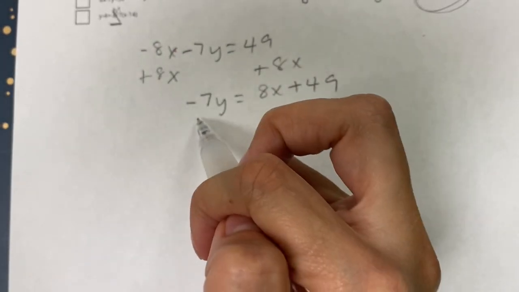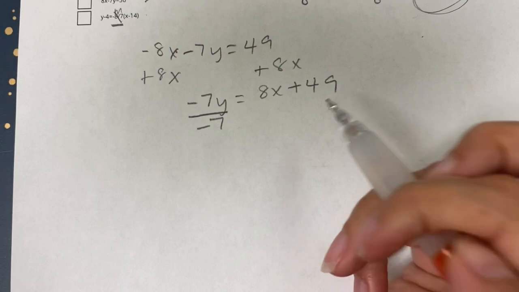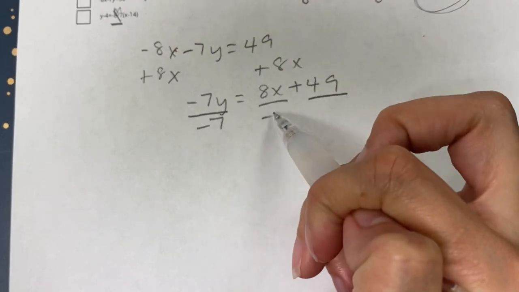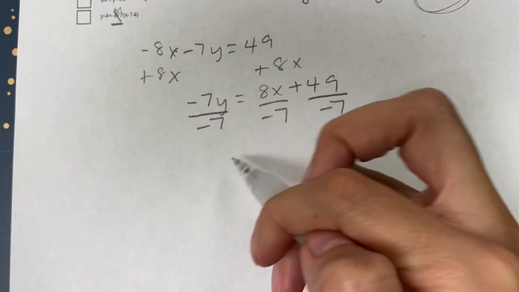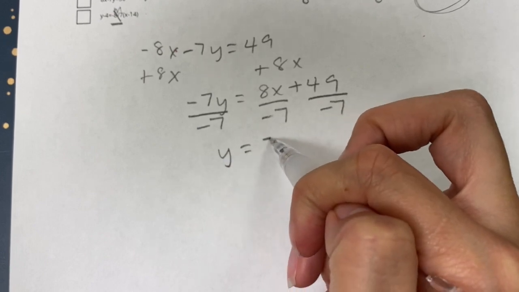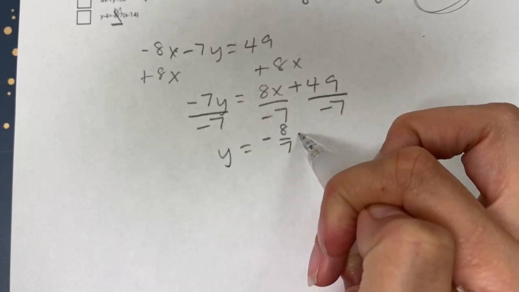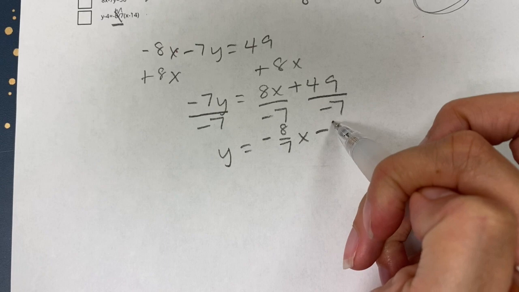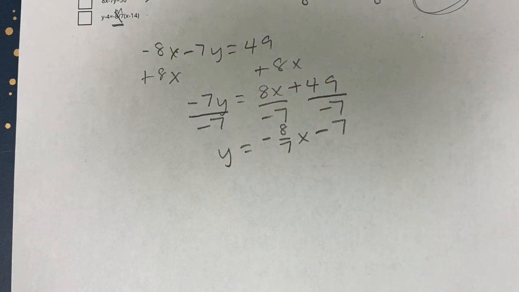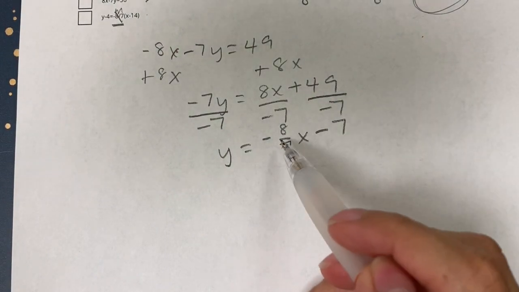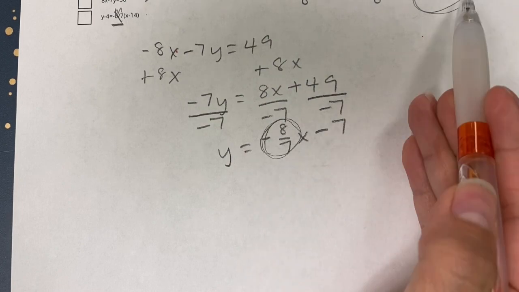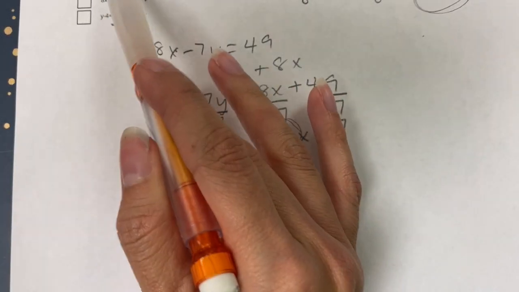And then last step, divide everything by negative 7. So y equals negative 8/7 x minus 7. Okay, so I see that this is a match. So I know it's not A.